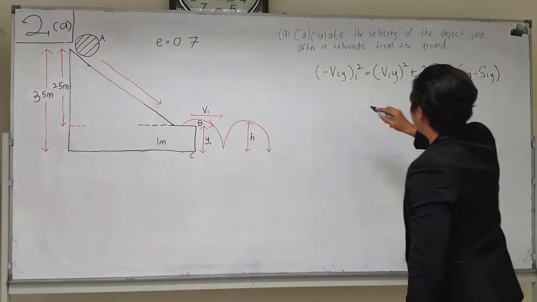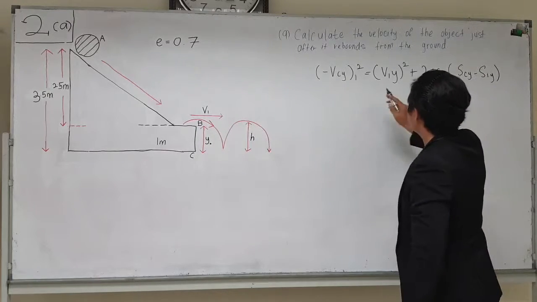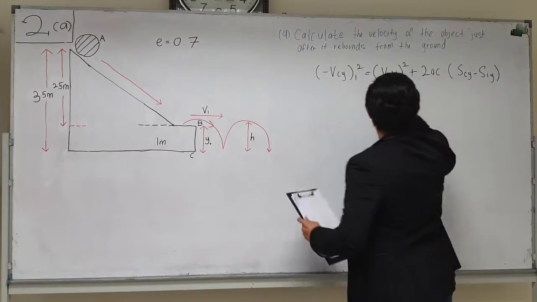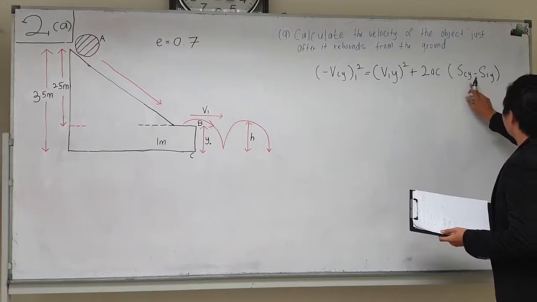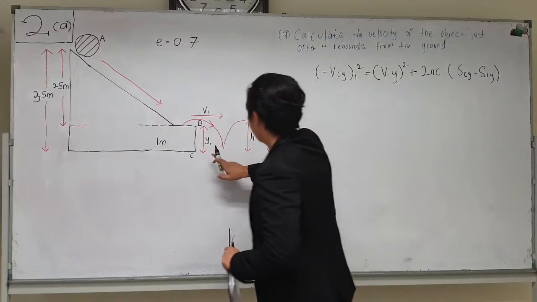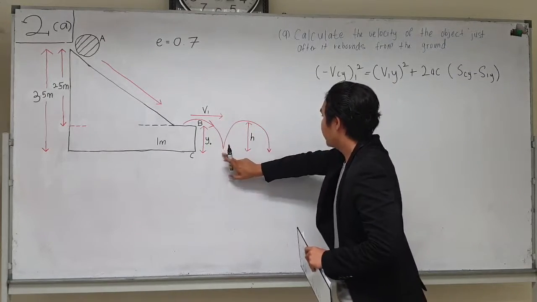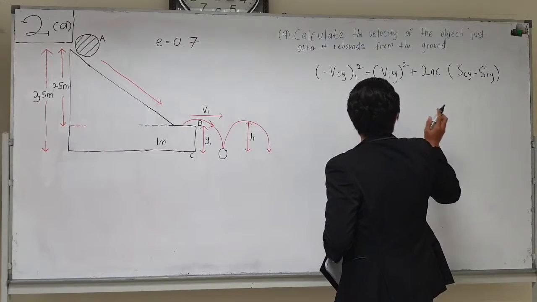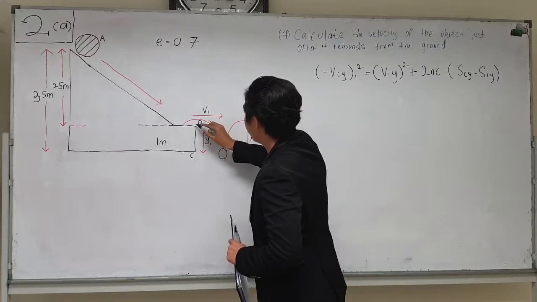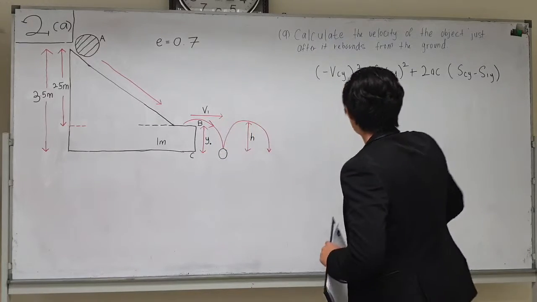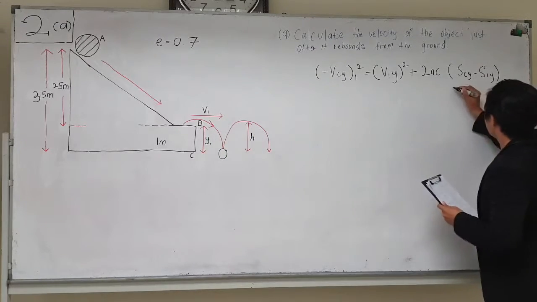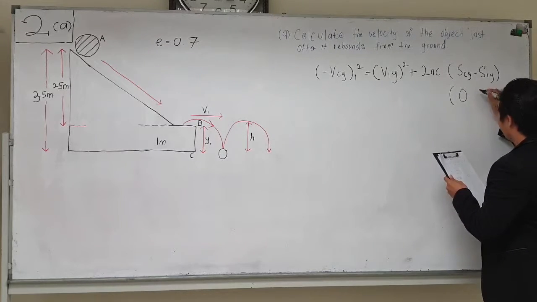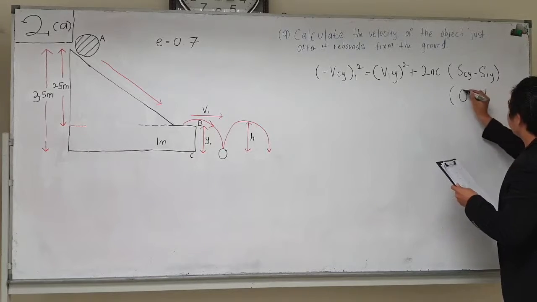Okay, this is the equation to find the velocity. From this equation, we know that S0Y is from this point and S1Y is from this key point.